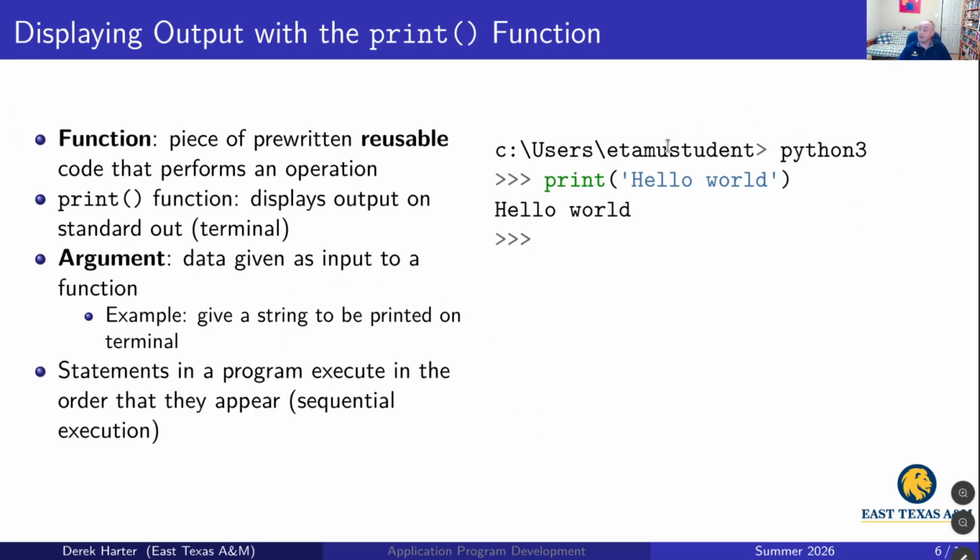Print takes arguments. You've probably only seen it with one argument so far, but you can actually give it multiple arguments. An argument is really just a piece of input. You can pass in literals, like string literals as we have here, or variables as arguments to functions.